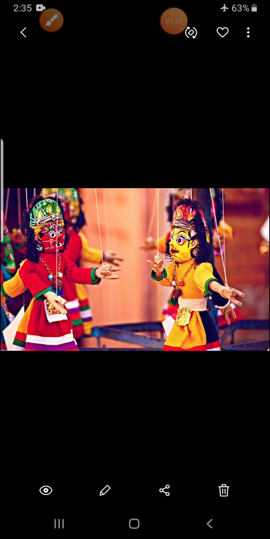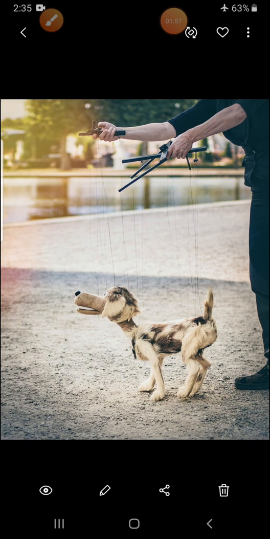These are very familiar. You people have seen them somewhere, maybe on TV, or heard about them, or maybe seen in a book that with the help of puppets we enact a story and they are operated through a string.